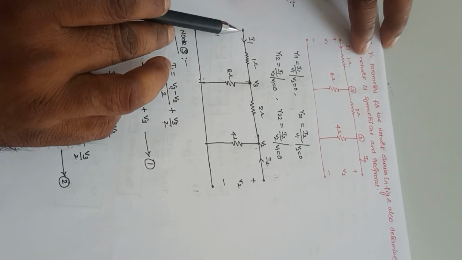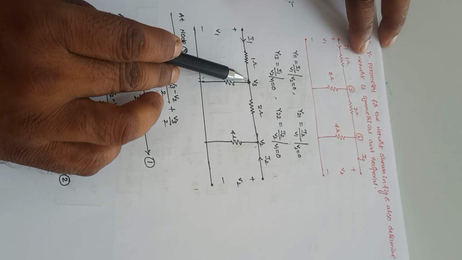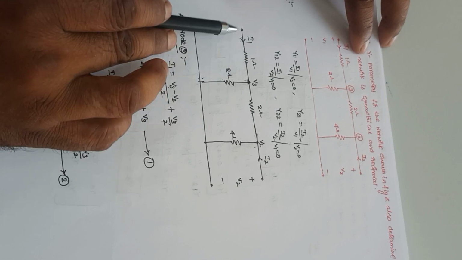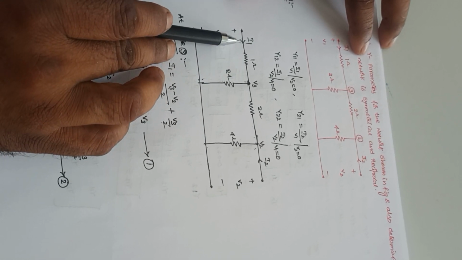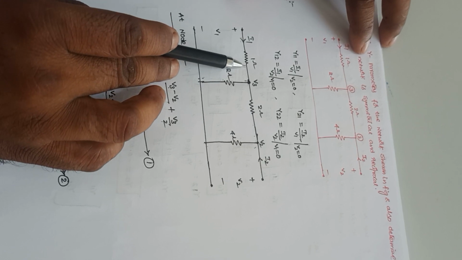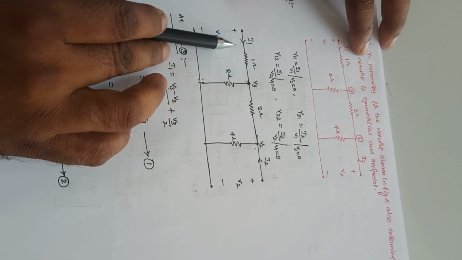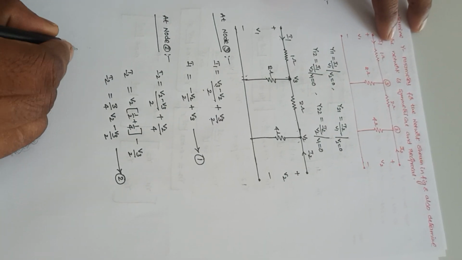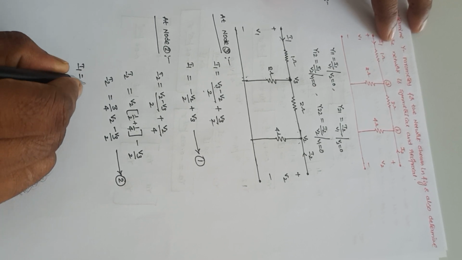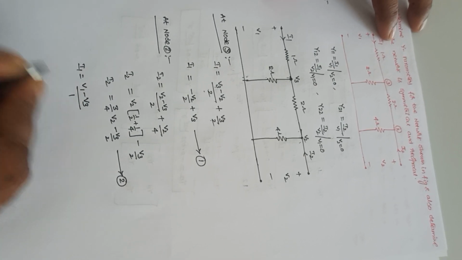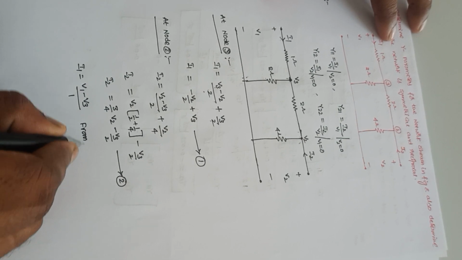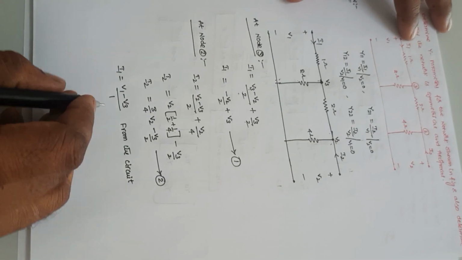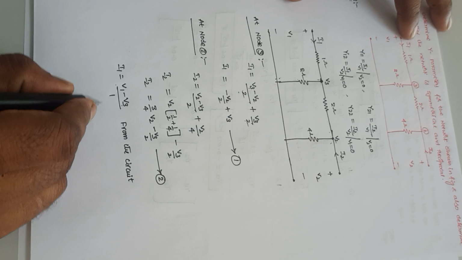This current I1 is going in this direction, and the potential difference across this 1 ohm resistor is V1 minus V3. So I1 is equal to the potential difference across this element divided by its resistance, V1 minus V3 divided by 1 ohm. So I1 is equal to V1 minus V3, from the circuit. Let this be equation 3.